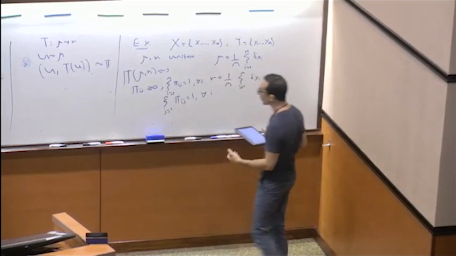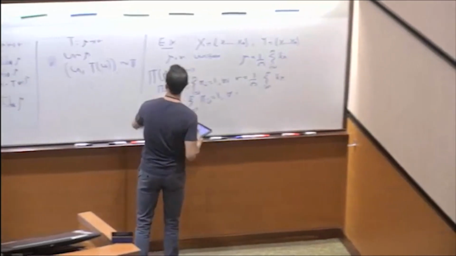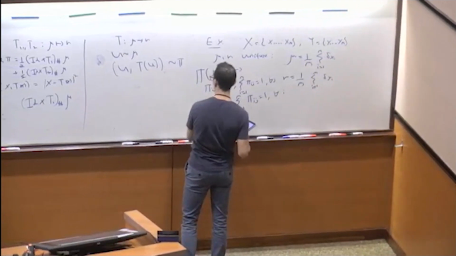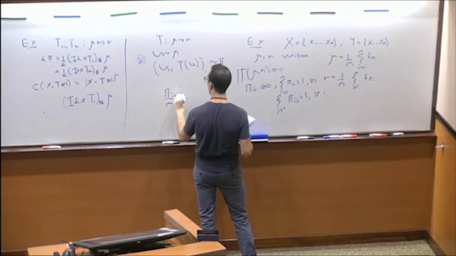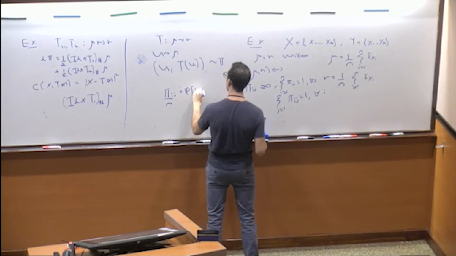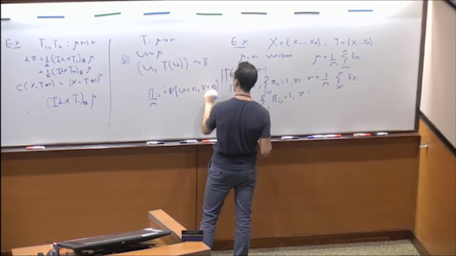And how can we think of it as a joint law? The connection is just that pi ij, divided by m, is the probability that u is equal to xi and v is equal to yj.